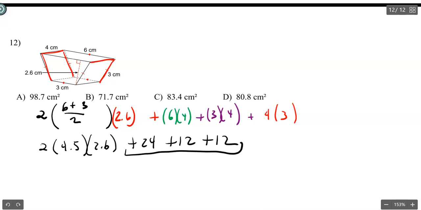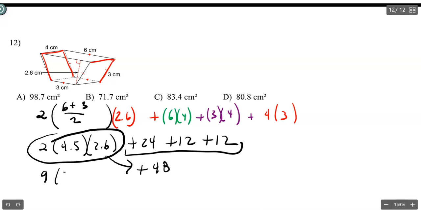So this is all just 24 and 24 should be 48. So I'm going to have this plus 48, which is 9 times 2.6, which is 18, and 5.4 should be 23.4 plus 48. Again, if you want, just use a calculator.